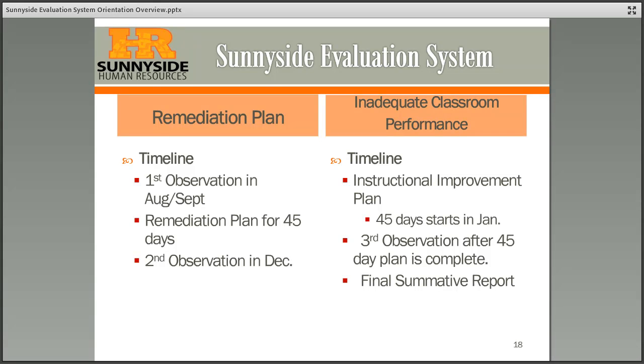They will be placed on a 45-day plan, and if they were evaluated for the second time in December, that can start in January. They will have a third observation after the 45-day plan is complete, and then their final summative report will determine how they will move forward, with either being terminated or being given a contract for the following year.